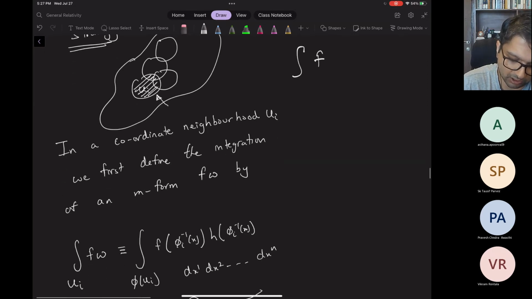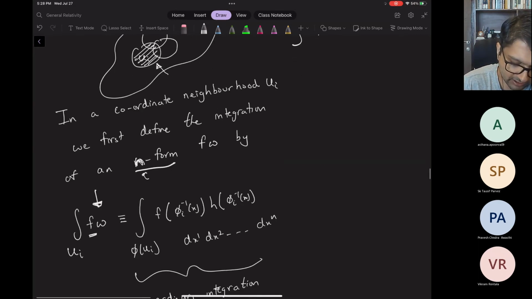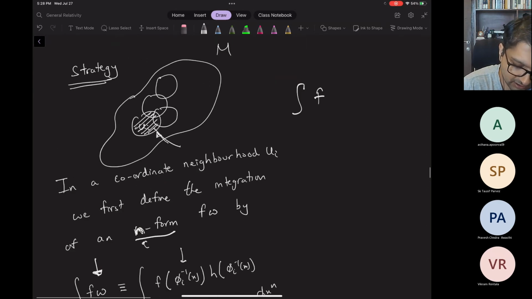By an n-form, f omega. The rank of the form has to be the same as the dimension of the manifold. So f omega integrated over this patch will be equal to f at phi I inverse of x.